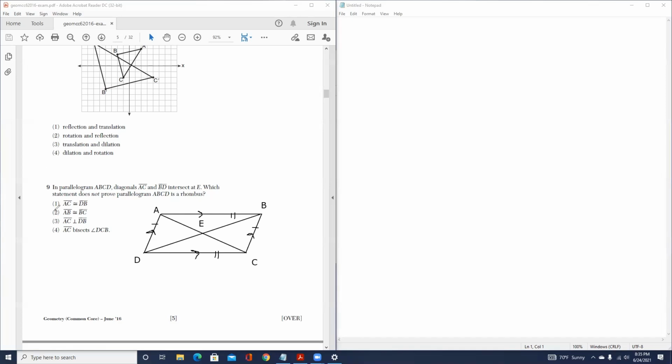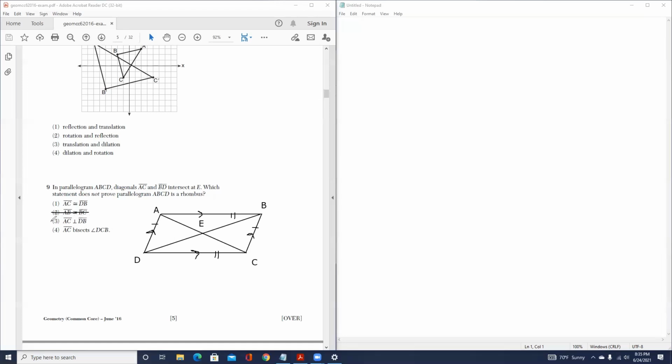So the second choice, line segment AB is congruent to line segment BC. That would make this a rhombus because the definition of rhombi is that all of their sides are congruent with each other. They're equal in length. So we can eliminate that because we can prove ABCD is a rhombus. Choice 3, segment AC is congruent to segment DB.